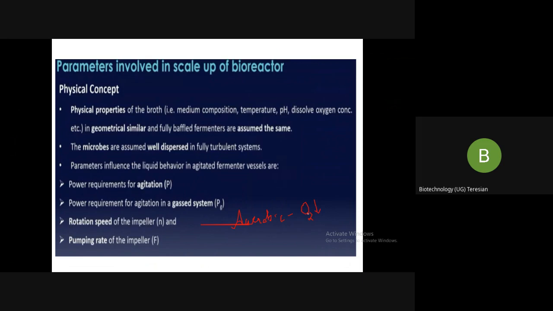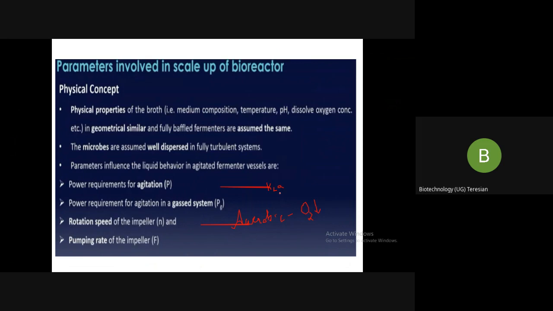So the volumetric mass transfer coefficient, we will deal with this again in detail, is represented as KLA. This mass transfer coefficient is a crucial step in the design and the operation of the bioreactor scale up.